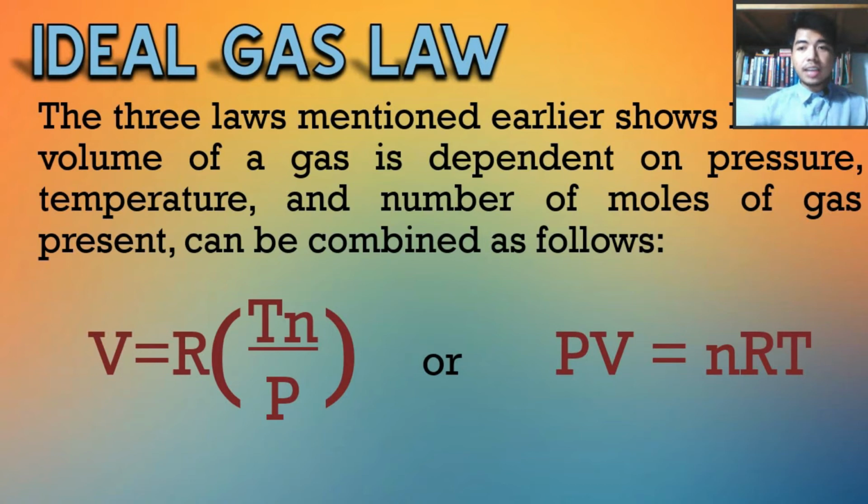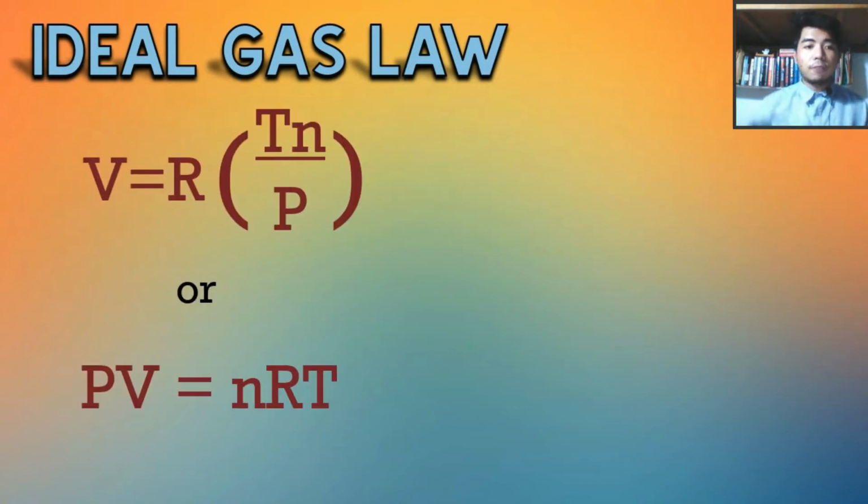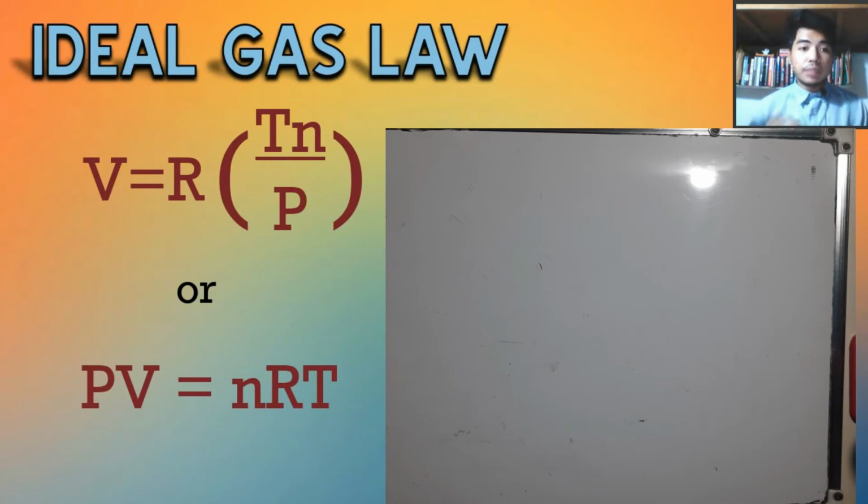Now, in the case of the ideal gas law, we are now using here the formula, which is volume is equivalent to R, or the constant value, which will be multiplied with temperature and number of particles, over pressure. Or, the alternate formula that we can use is PV is equivalent to nRT.